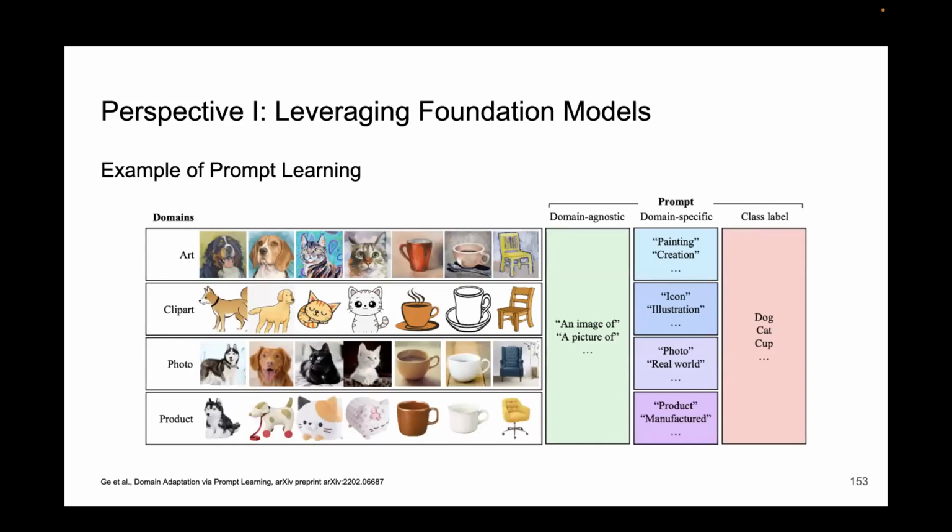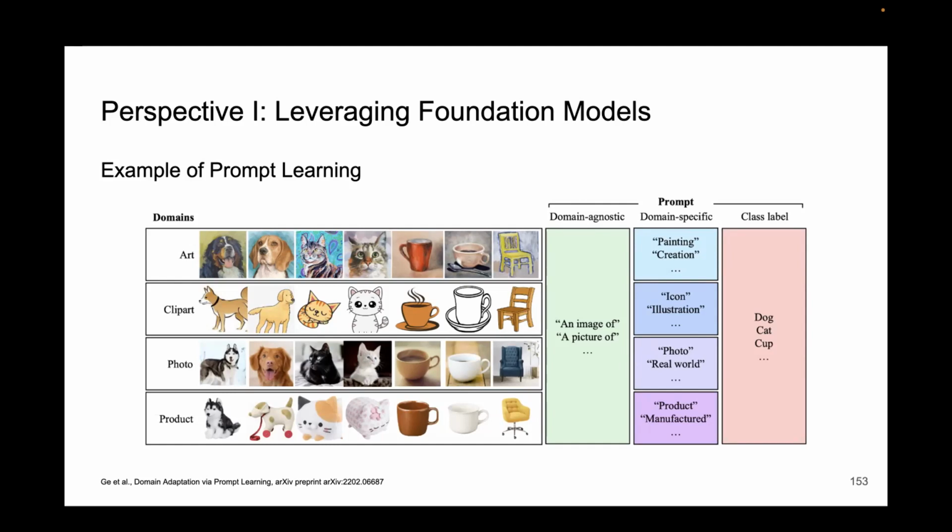For example, in this figure, we can see that the domains actually incorporate a wide range of different categories, such as the art domain, the clip art domain, the photo domain, and the product domain. And they very smartly design this prompting engineering into three parts. The first one, what they call a domain agnostic prompting.